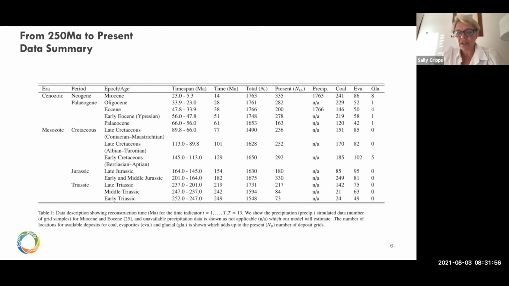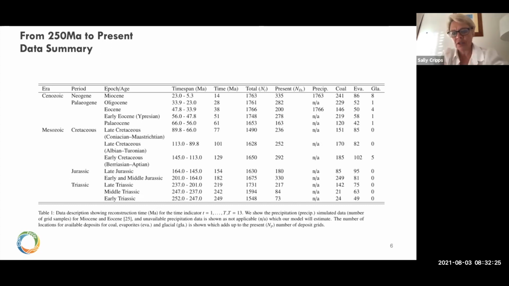Moving along to the next column, you'll see the total number of observations for which we have the height of a particular location, its proximity to the coast, and whether that location was on the west or east side of a landmass. They're the total number of observations.